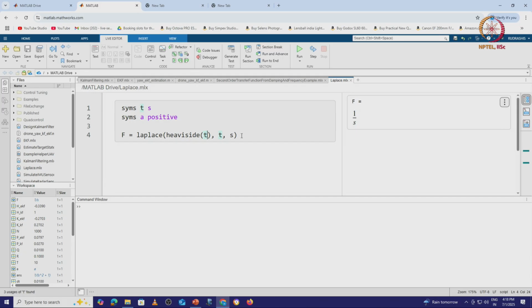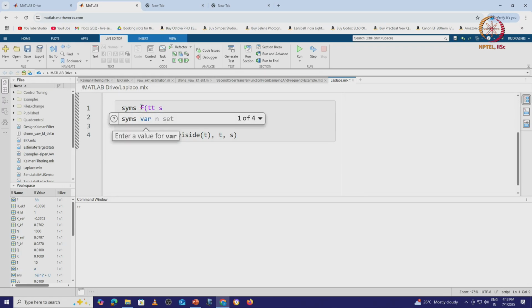Now, we will see the Laplace transform for different functions, like the derivative of a function. How do we do that? We will take a function, say f(t), and s.